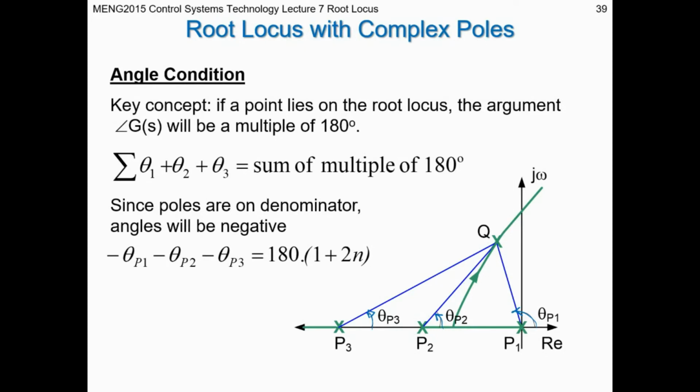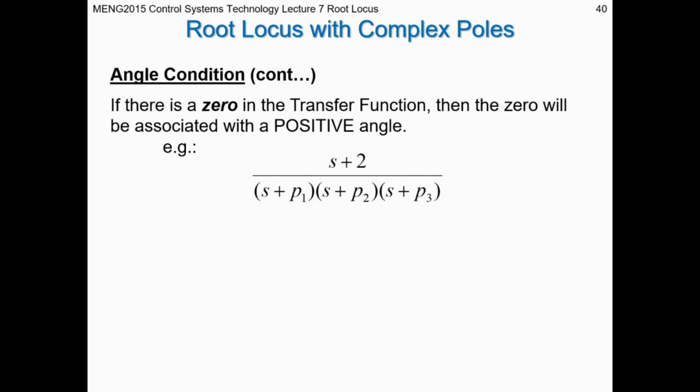So all the poles are added up with a negative sign, and they have to be a multiple of 180. If there's a 0 in the transfer function, that's going to be a positive angle.